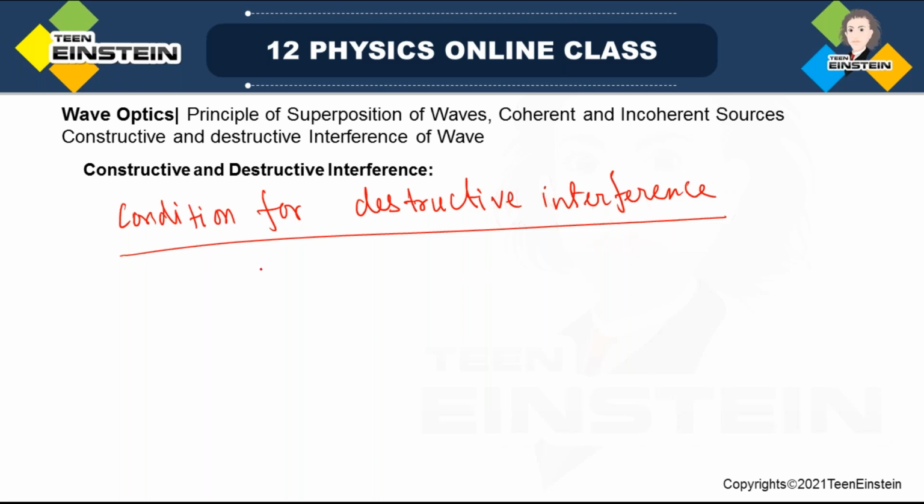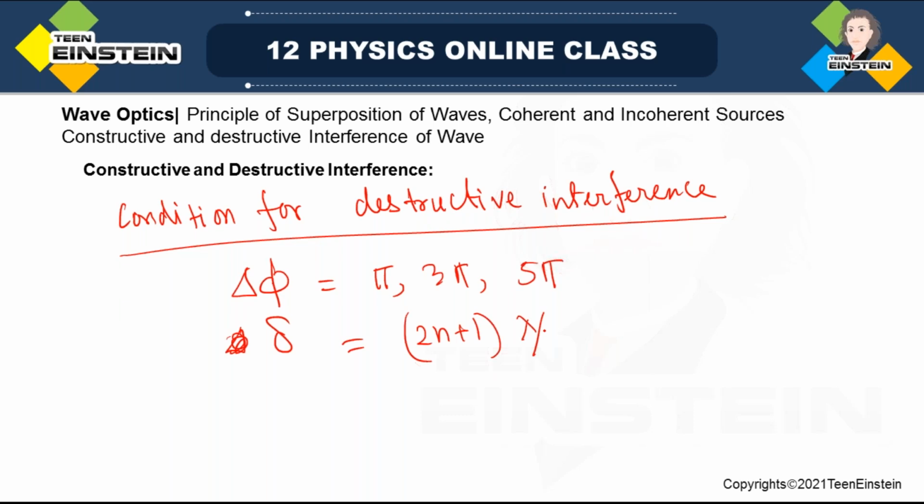So the condition for destructive interference: the phase difference has to be pi, 3 pi, that means an odd multiple of pi, or the path difference delta has to be (2n plus 1) into lambda by 2, where n can be 0, 1, 2, anything.